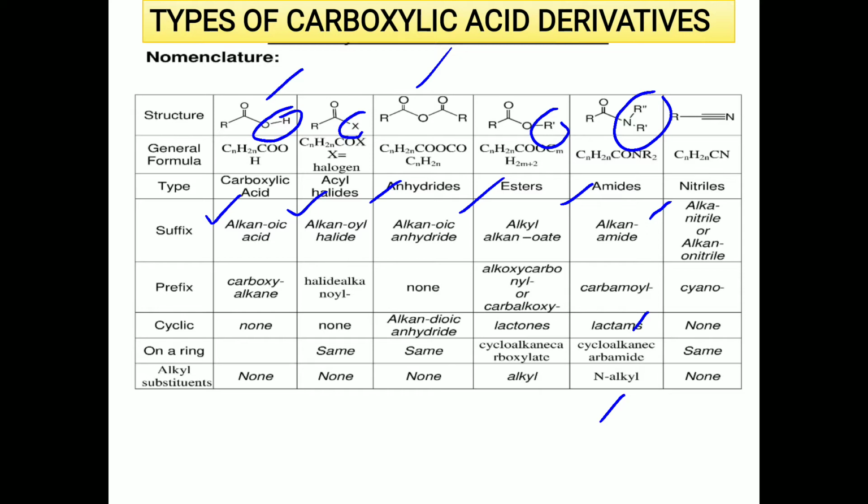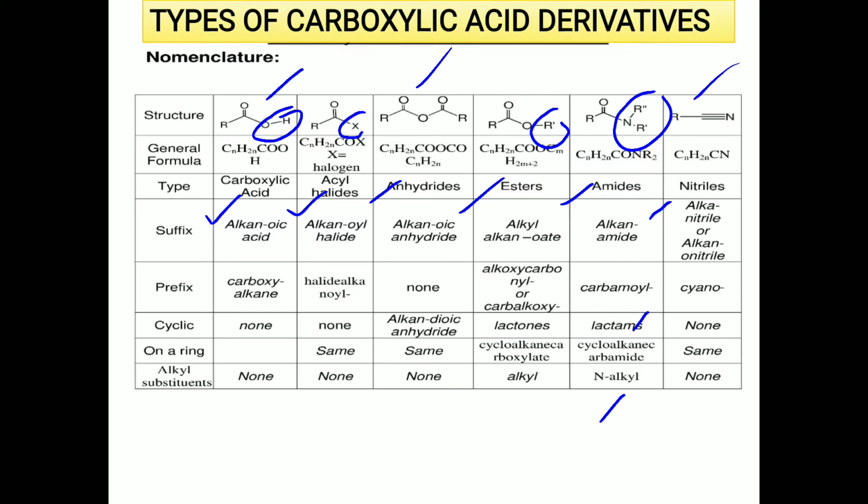Nitrile means C triple bond N, so the basic structure is RCN, and the general formula is CnH2n+1CN. The suffix we use for nitriles is alkanenitrile, and the prefix we use is cyano. If this nitrile group is present on a cyclic ring, then we use the same suffix and prefix. There is no other particular name.